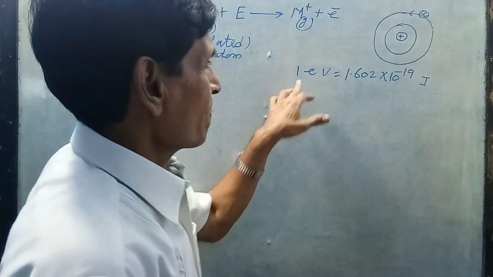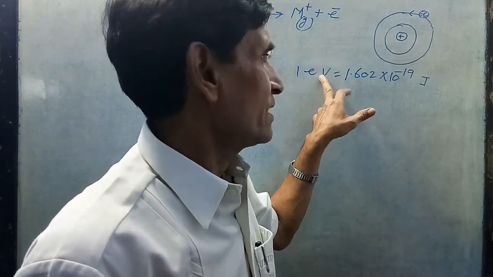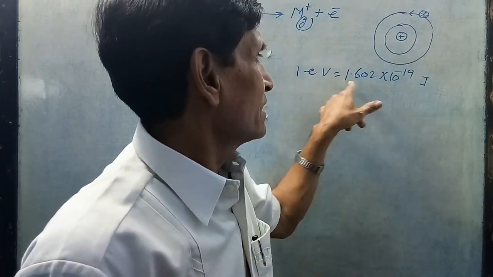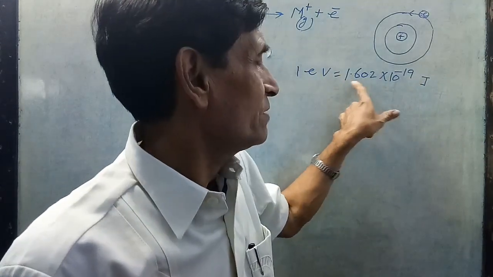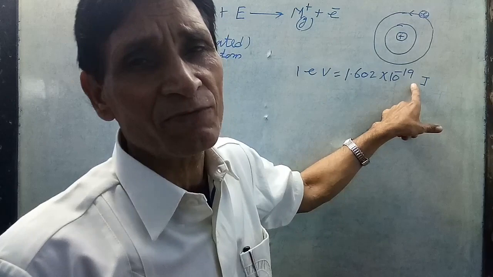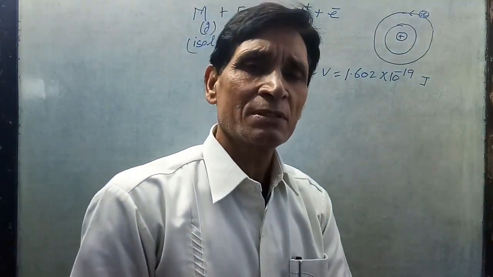How it is coming? It is actually energy, work done, for electron. Here it is charge on electron multiplied by 1 potential difference, the value will be this. If you want to get its value in kilojoule, divide by 1000.